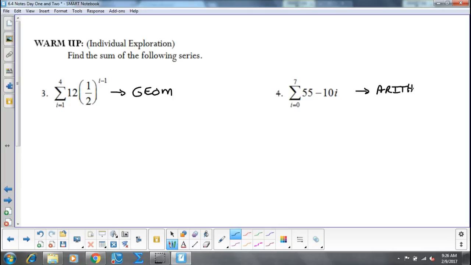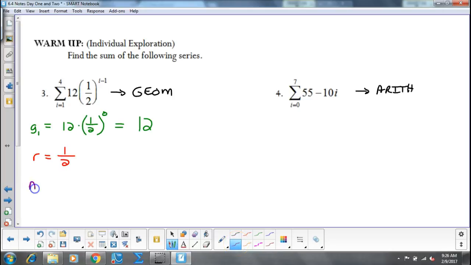Okay? So for geometric, I need to find the first term. First term is 12 times 1/2 to the 1 minus 1 power, so that's 0 power, so that's just going to be 12. I need to find then my R value. What's my R value? 1/2. Okay. Then I've got options.